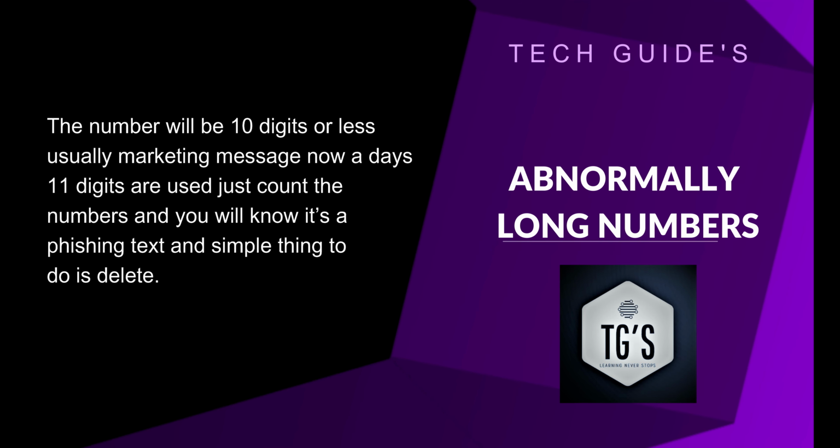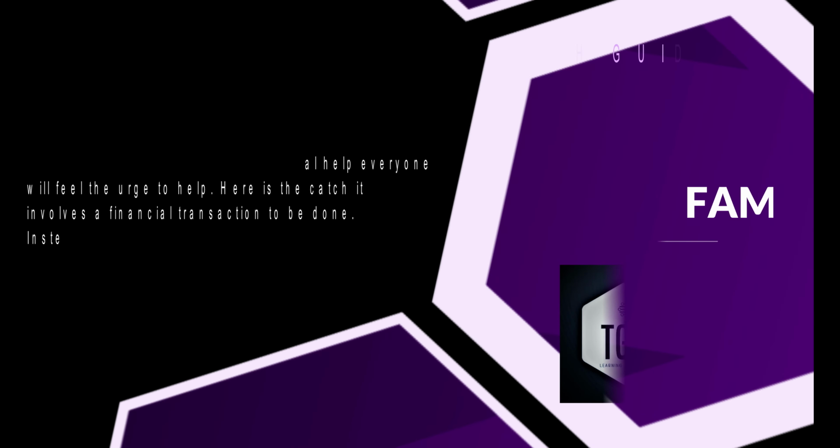This kind of text will usually come from a number which has a format of 10 digits or less, but for marketing messages nowadays they use 11 digits. So make sure that you count the digits in the number. If it is 11 digits, definitely it is a phishing text, and the simple thing to do is delete it.